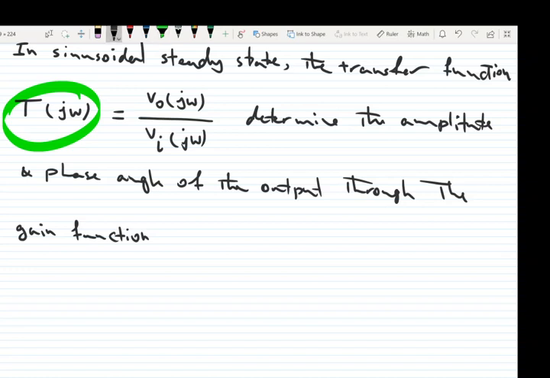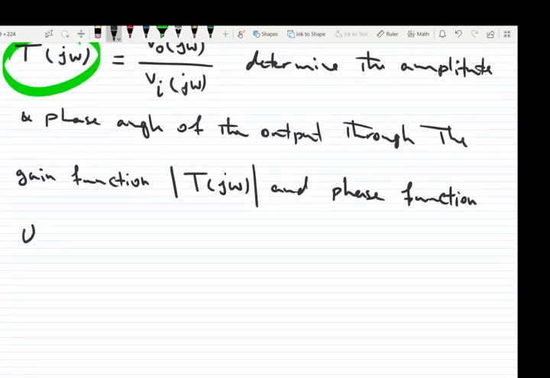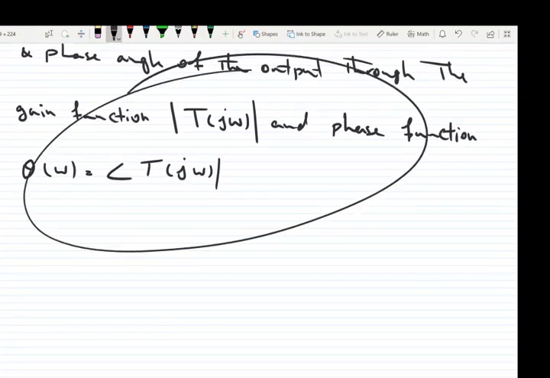So the amplitude and phase angle of the output come through the gain function, which is the absolute value of T of j omega, and the phase function theta of omega, which is equal to the angle of T of j omega. It's a simple concept.